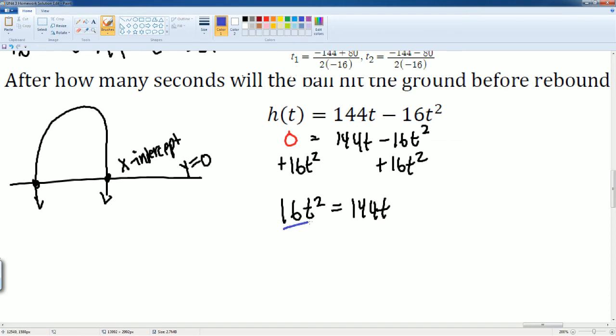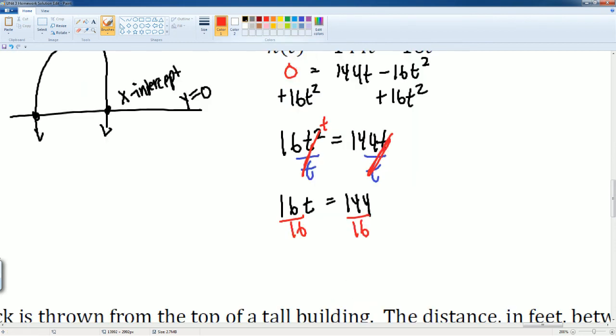Then we divide by the t, trying to get it to cancel. You see how this cancels, leaving you with just 1t. So it becomes 16t equals 144. Then you want to divide both sides by 16 because you're trying to get t alone. This will get you t is equal to 9 right here.